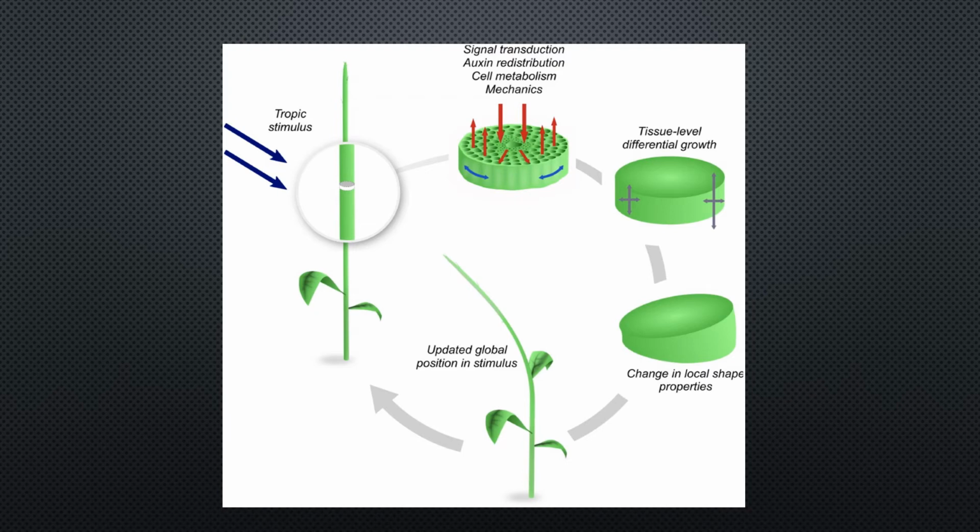In our particular diagram here, this side would have less auxin and this side would have more. And so it begins to change the shape of the shoot itself. So less growth here, more growth here. And that causes an overall response of growth like this towards the blue light.